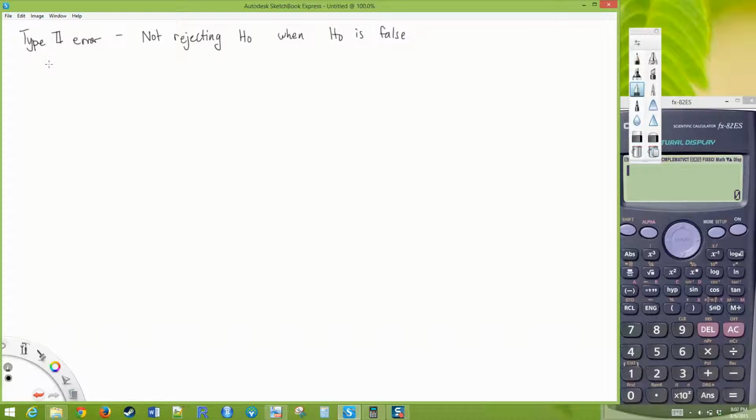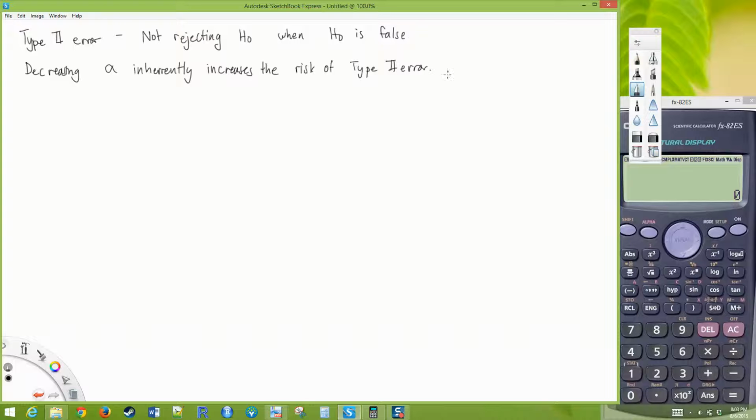Isn't alpha also a probability value? Yes, so alpha is the probability of a type 1 error. It's our significance level. And we get to choose that. Okay, so decreasing alpha inherently increases the risk of type 2 error.